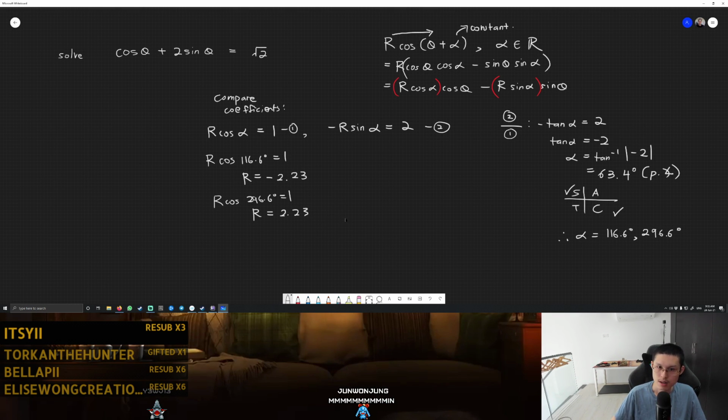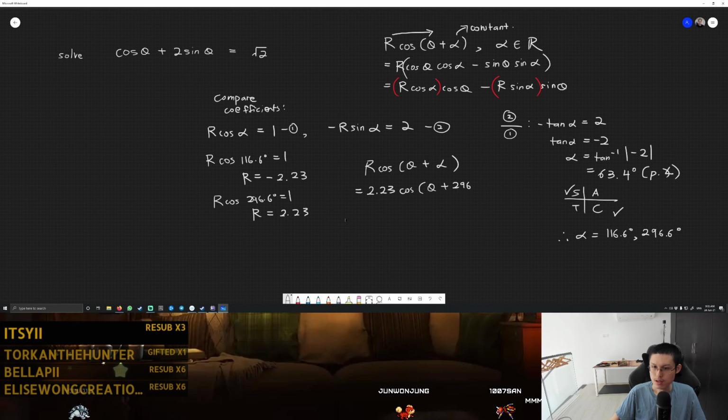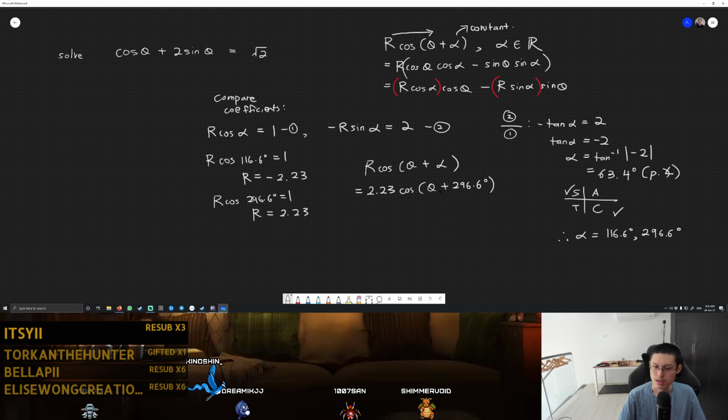Let's use this one, which means our R cos(theta plus alpha) is actually going to give us 2.23 cos(theta plus 296.6 degrees). So depending on which alpha you use, you have to use the corresponding R. Okay, so let's say we use this alpha, so we're going to use this R. So I'm going to get this guy instead.